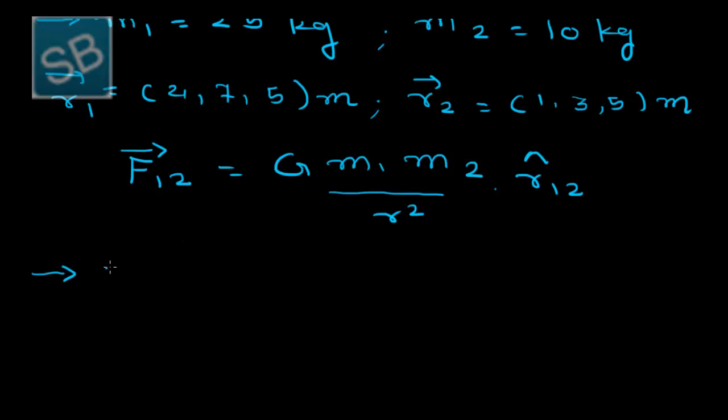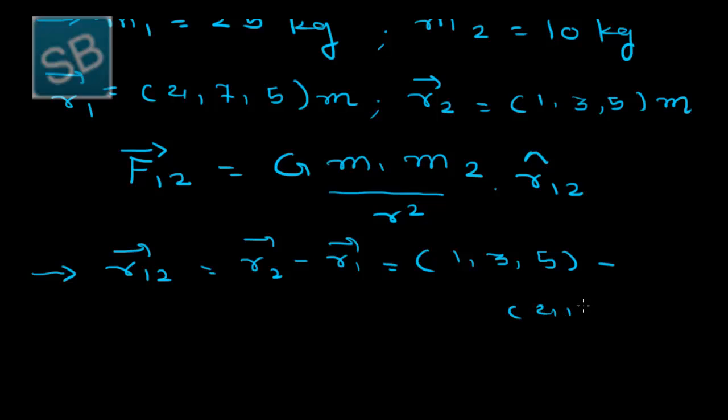Here the vector R12 is defined by R2 vector minus R1 vector, which is equal to (1, 3, 5) minus (4, 7, 5), that is equal to (-3, -4, 0) meter.